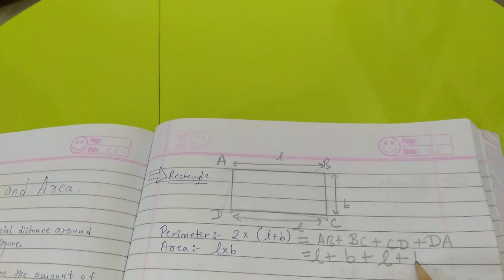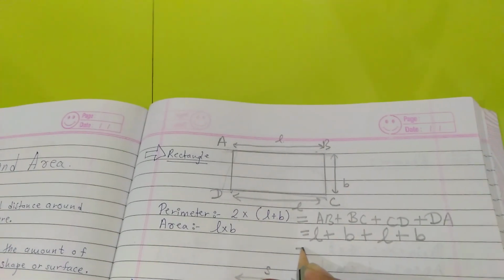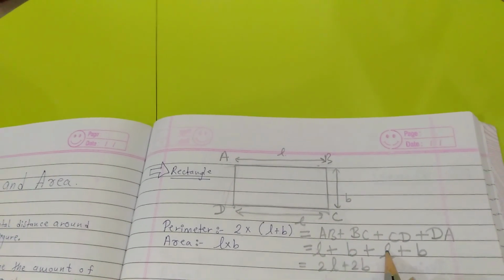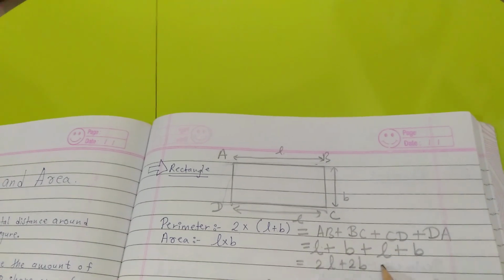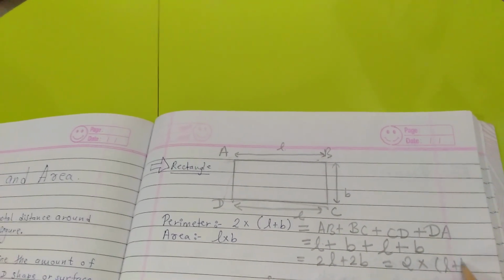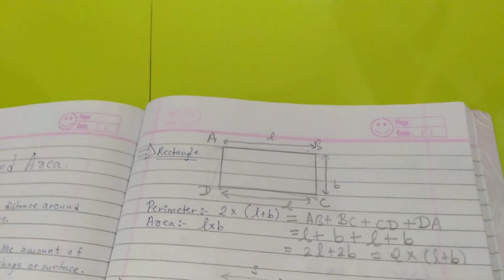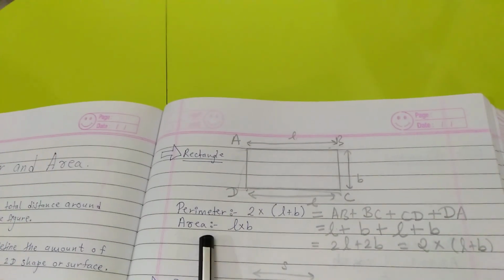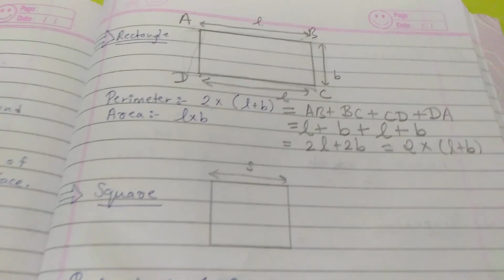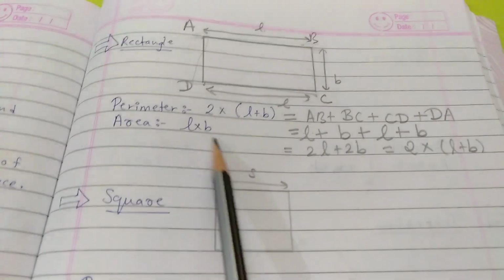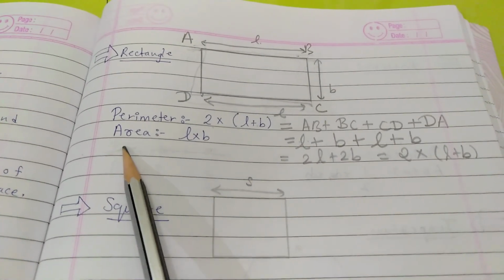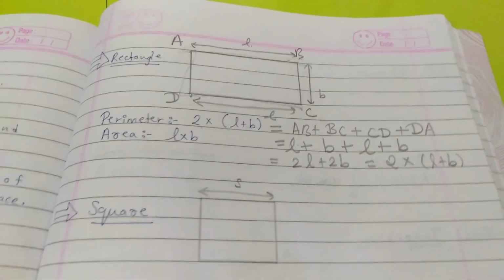So we can write it as 2L plus 2B, that is twice length plus twice breadth. Now taking 2 common, it will be 2 into length plus breadth. Now we will see area of rectangle. We can derive the formula for area of rectangle: area is length into breadth.